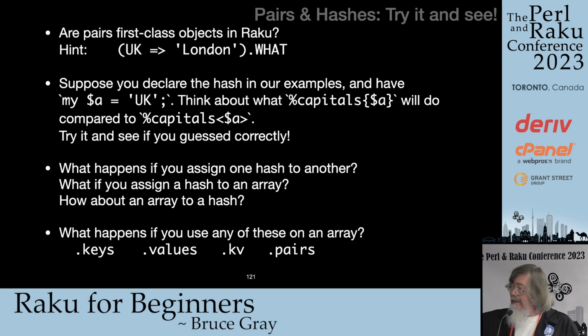You're right. Keys is the indexes of an array. Values is just like you didn't say values. But kv is that flat thing that is generally useless, but occasionally useful. And yes, the way Perl unwinds it. And pairs is the pair objects.